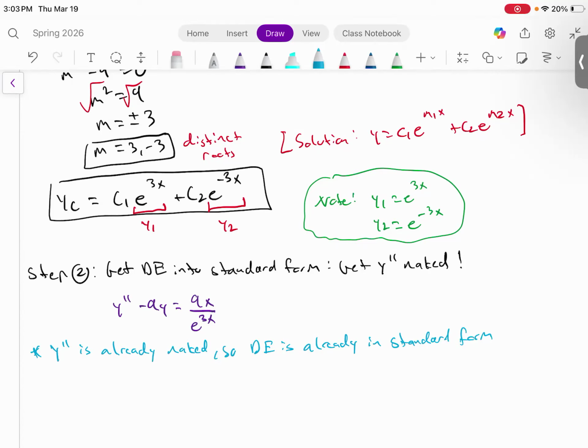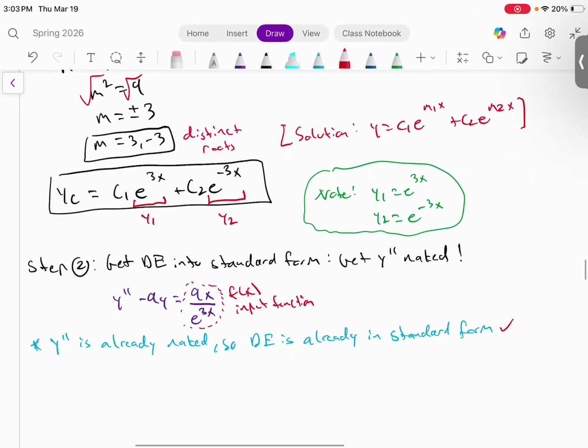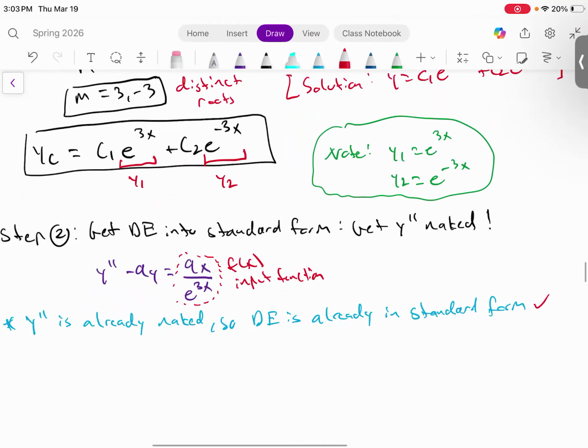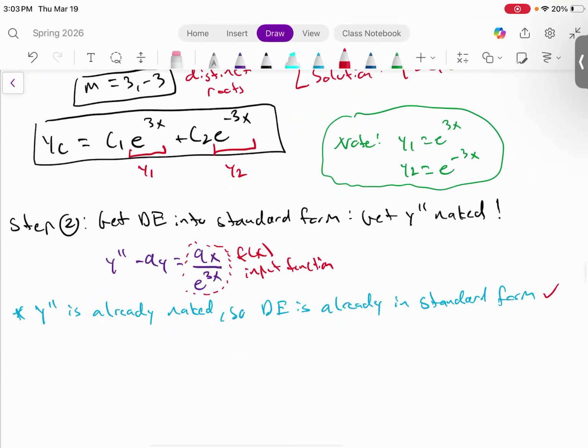Okay, great, check. And since it's already in standard form, this 9x over e to the 3x is our f of x, the input function. So we already have our f of x.